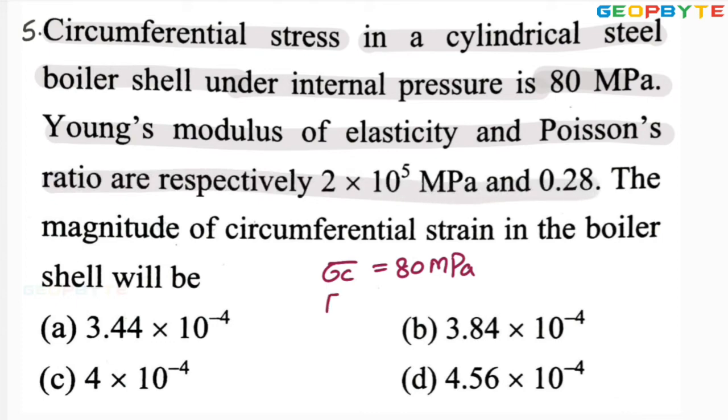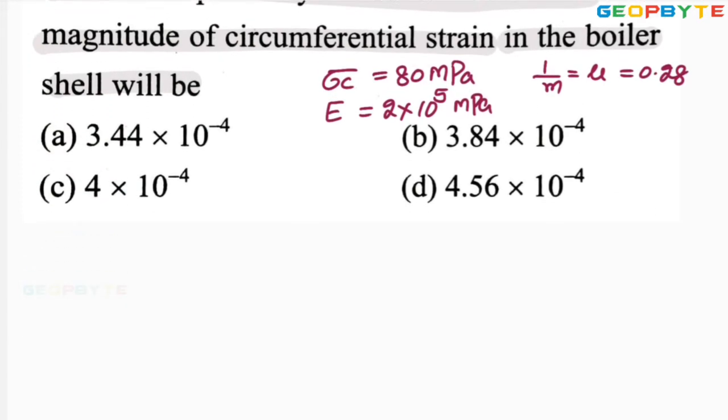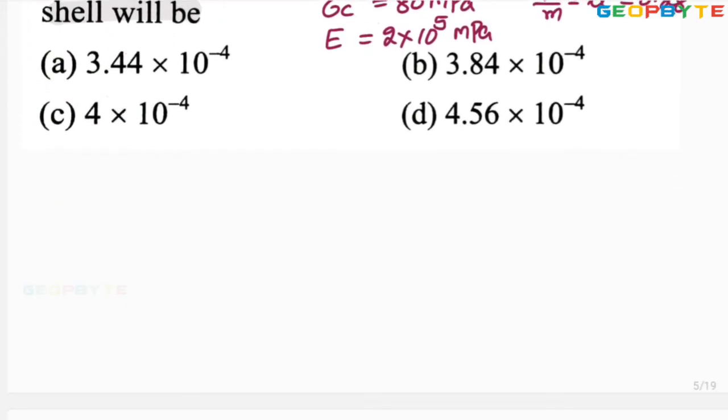Given that Young's modulus equal to 2 into 10 power 5 megapascal and Poisson's ratio 1 by m may be written as mu equal to 0.28. The magnitude of circumferential strain in the boiler shell will be. You are asked to find the magnitude of circumferential strain.